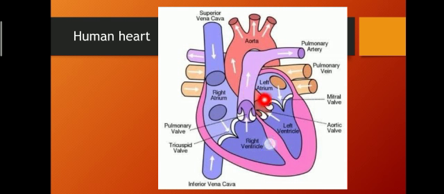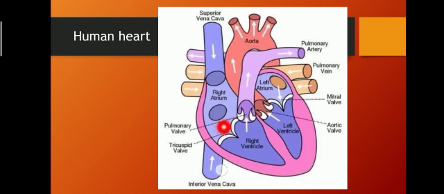Now the left atrium is filled with oxygenated blood, and when the atrium starts contracting, blood is forced to move to left ventricle. When the left ventricle starts contracting, blood is forced to move to aorta, and by the help of aorta, blood is supplied to the other parts of the body.